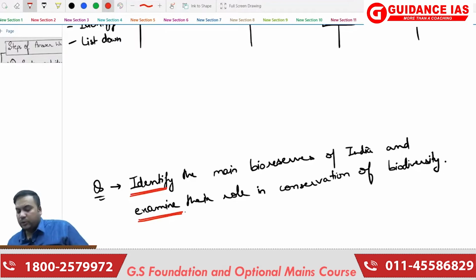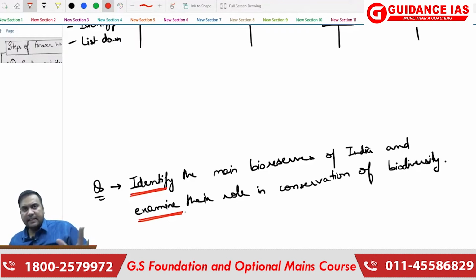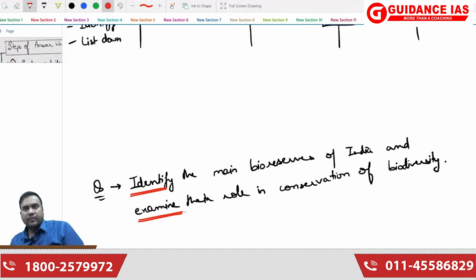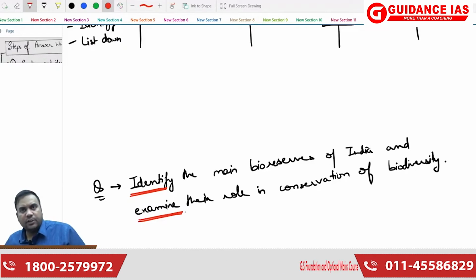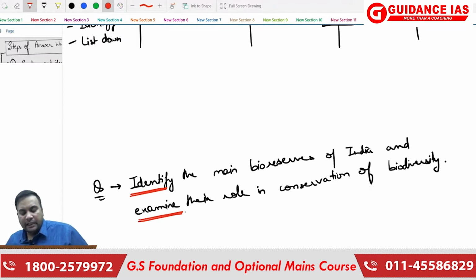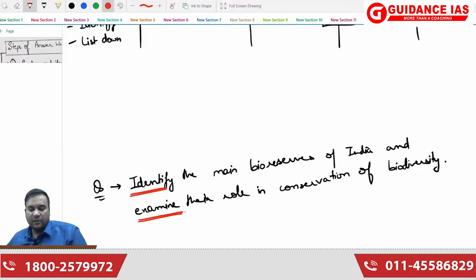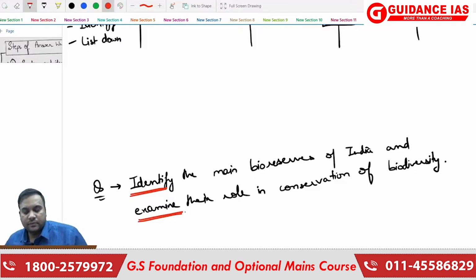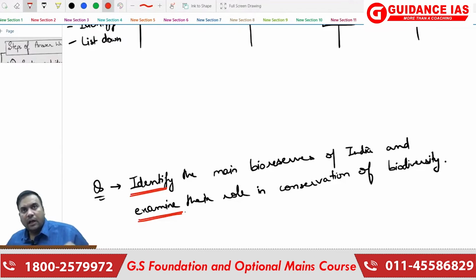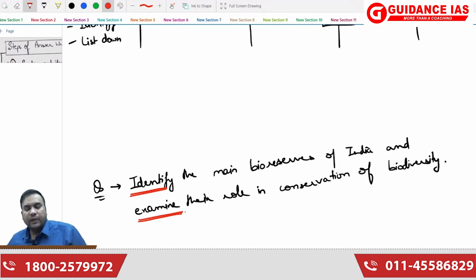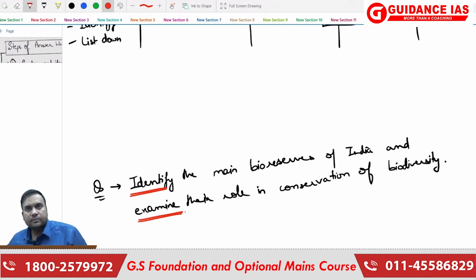Now if you knew this, when I am planning my answer, what will be the first step? How much space you will give for identify and how much page you will be giving for examine? Suppose you had got 4 pages to write. How much weightage will you give to the first part, and how much to the second part? Anyone?